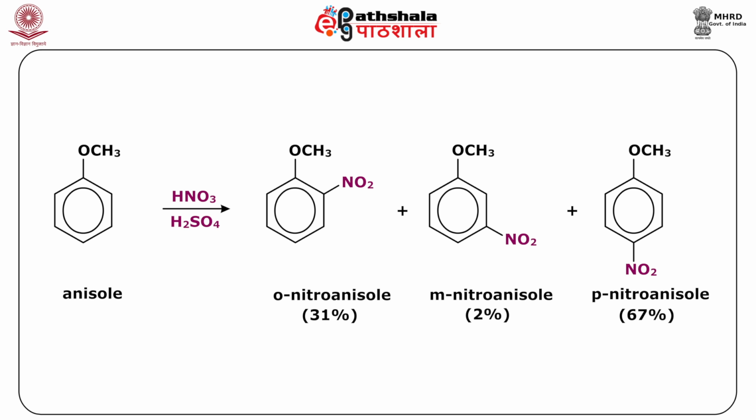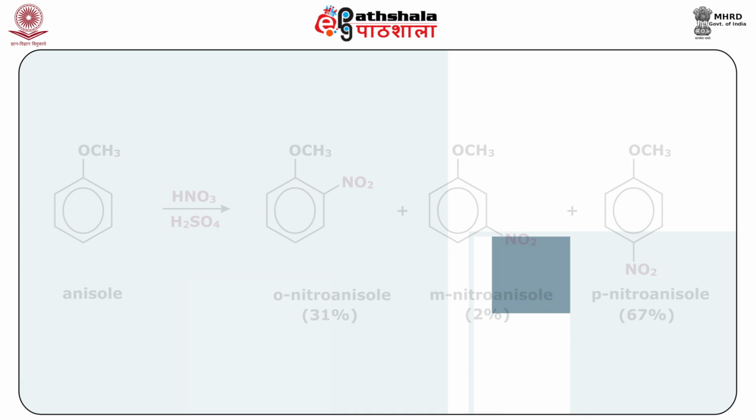Because steric hindrance is counting a lot here, the para position will be much more favored, and because the meta position has fewer canonical forms than the ortho and para, it is formed in the least percentage, followed by the ortho one, and next the para one, which is formed in 67%. The ortho product is formed in 31% yield.